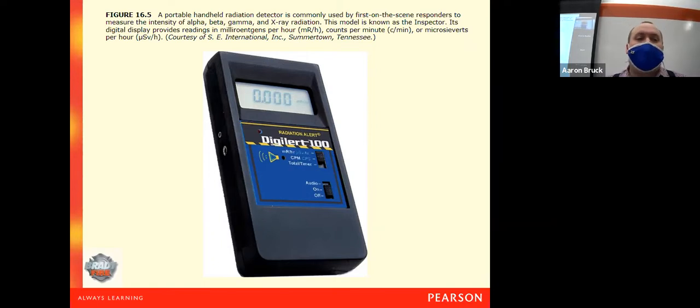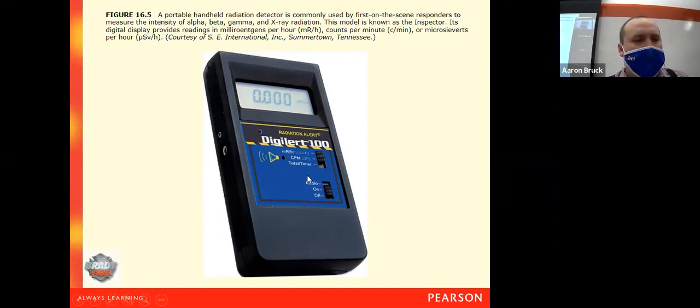Now, the thing about the Geiger counter is it doesn't tell us the difference between alpha, beta, and gamma radiation. It detects all of them equally. And we can do different kinds of readings.